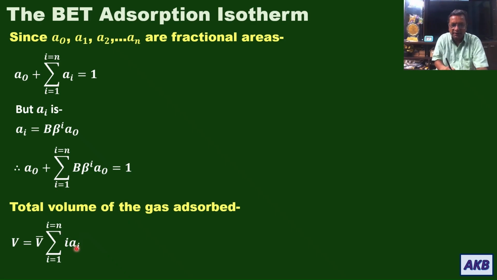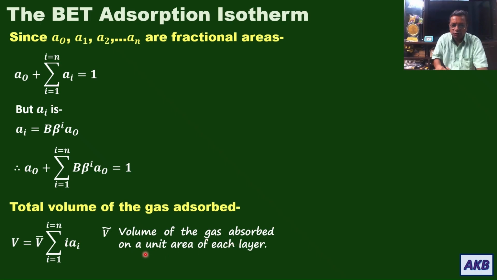That is, you are adding the fractional areas for every layer, multiplying by i, and then multiplying with V cap to get the total volume of the gas adsorbed. What is V cap in this case? V cap is the volume of the gas adsorbed on unit area of each layer. So V cap, or you can say V bar, represents the volume of the gas that is adsorbed on unit area of each layer.